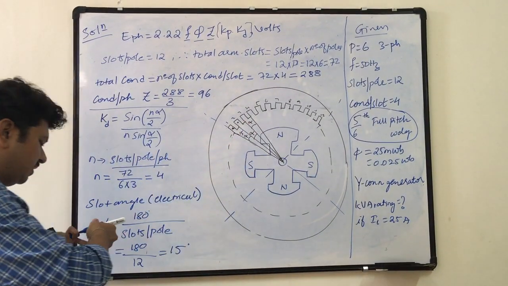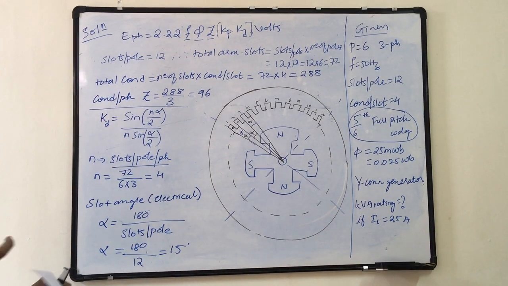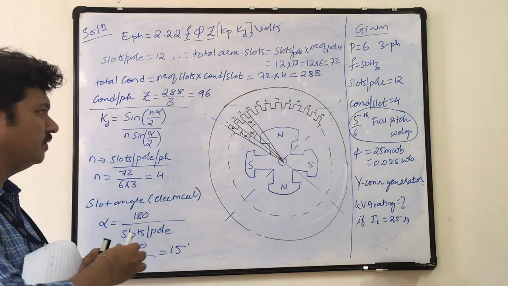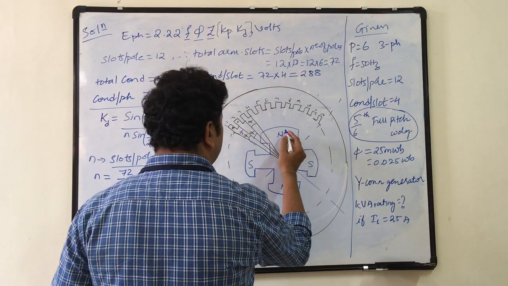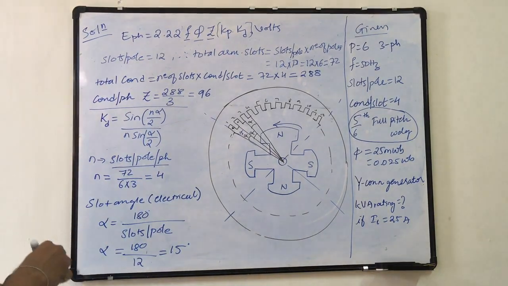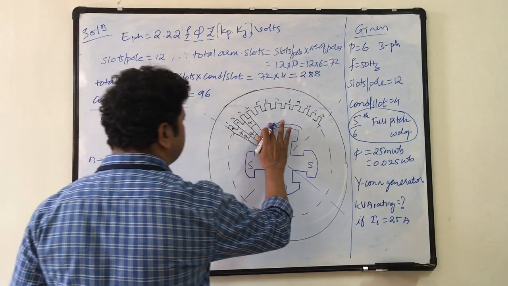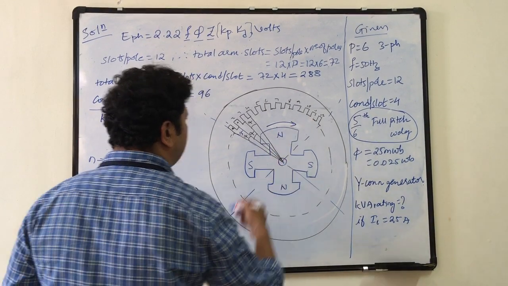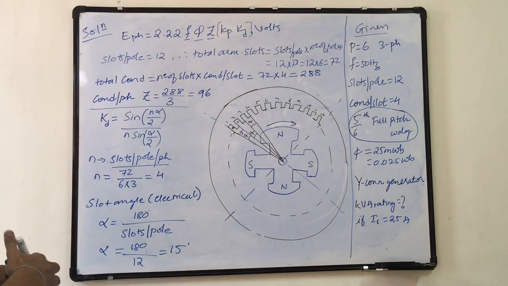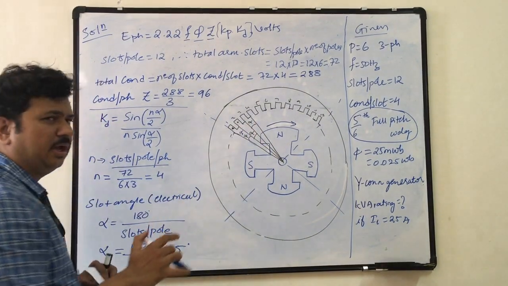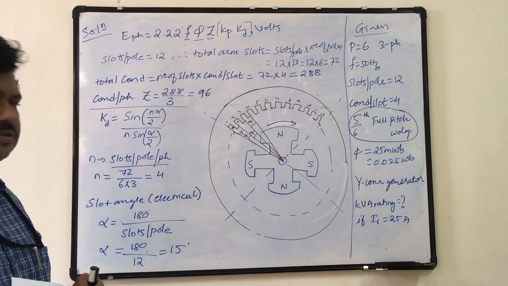So what does this mean? Suppose the rotation is clockwise. The EMF induced in the second conductor will be lagging behind the EMF of the first conductor by 15 degrees.